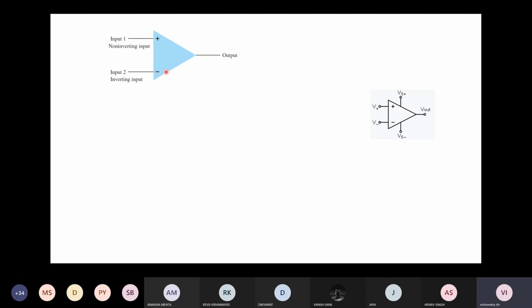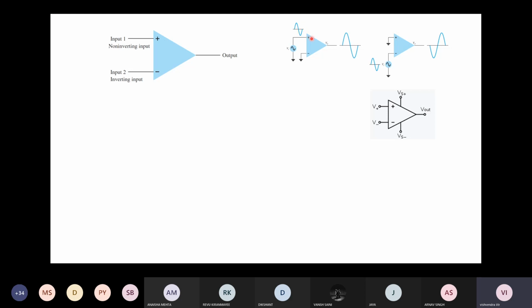As expected, inverting means that if any input is applied on this terminal, the output will be the inverted waveform like this. So if we apply a waveform like this on the non-inverting terminal, the positive terminal, the output waveform will be the same, but just an amplified output. Okay, because it's an operational amplifier, it is an amplifier.